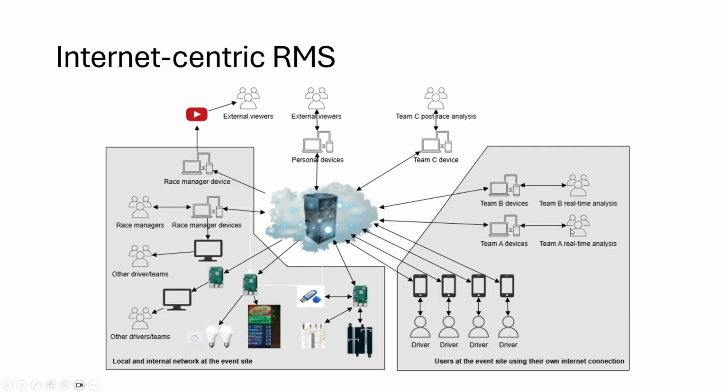So let's look at what the RazManager RMS is instead. And of course, at first this looks very complicated, but let's break it down. It's not as complicated as it seems.